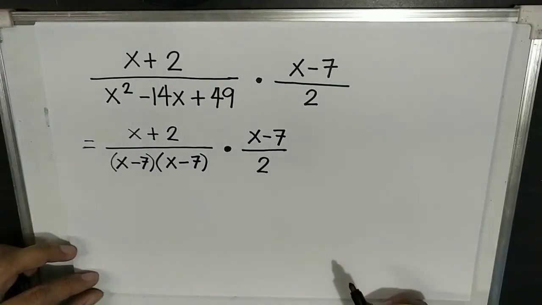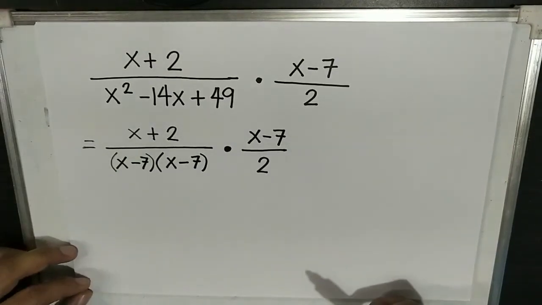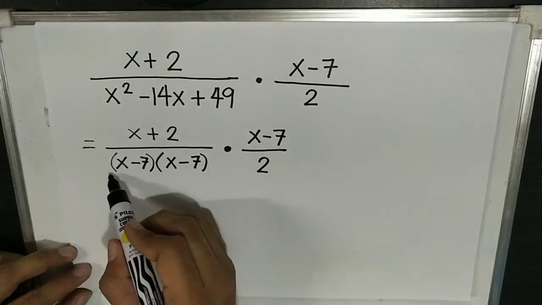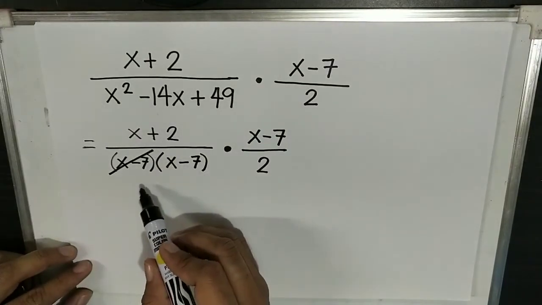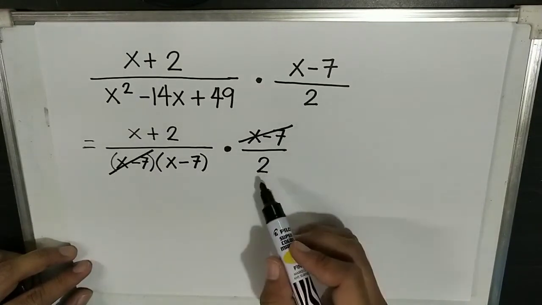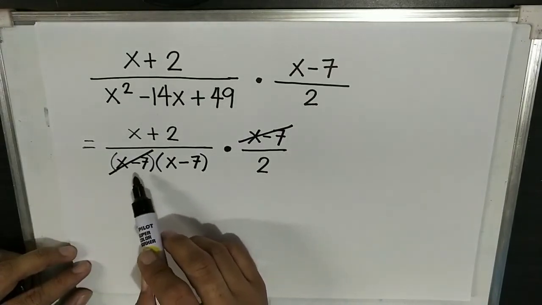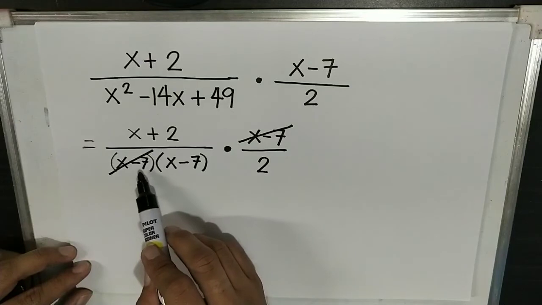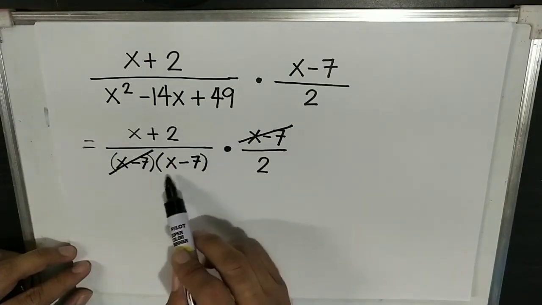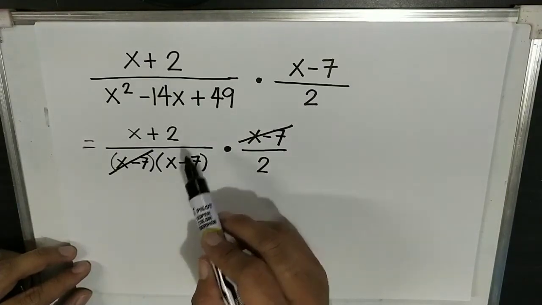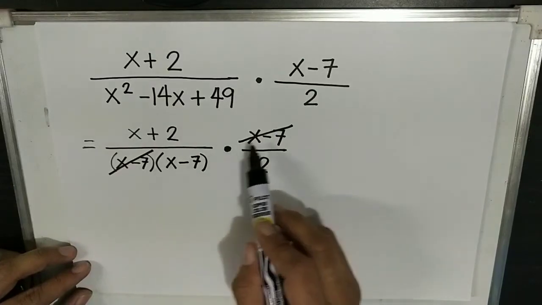Okay, again, you can cross out common factors in the numerator and in the denominator. In this, we can cancel x minus 7 with this x minus 7 in the numerator. Numerator, denominator. Okay, you can cancel one x minus 7. You cannot cancel this out because it has no pair. Only this one.